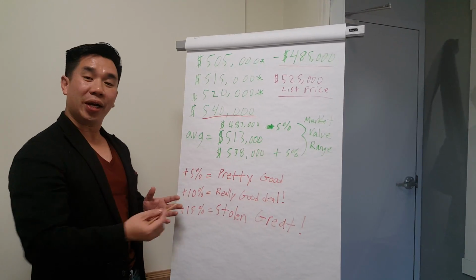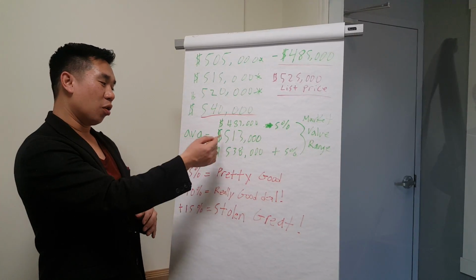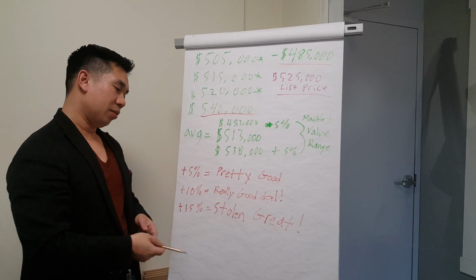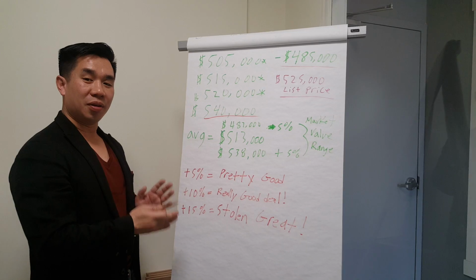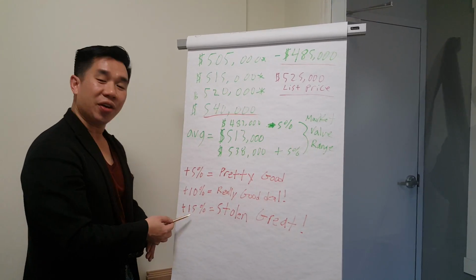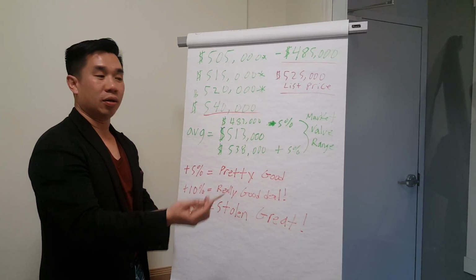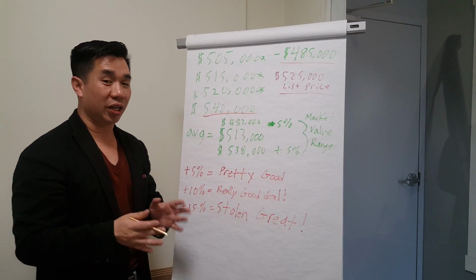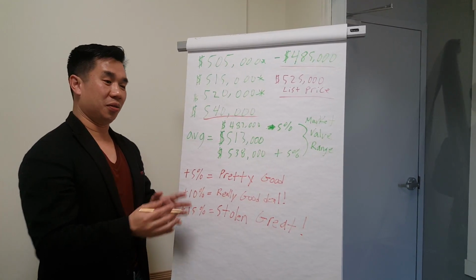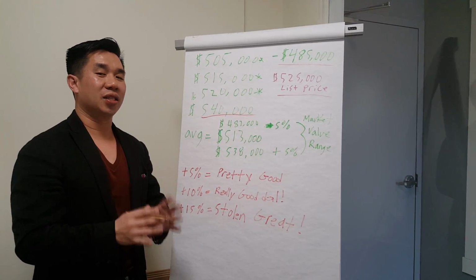If you get a bigger discount, say 10% below the average market value, you got a really good deal. And I've been selling real estate for many years, if you get 15% or more below this price, you've got a stolen good deal. It's really good. Get on top of that because you've made a lot of money and it doesn't happen often.